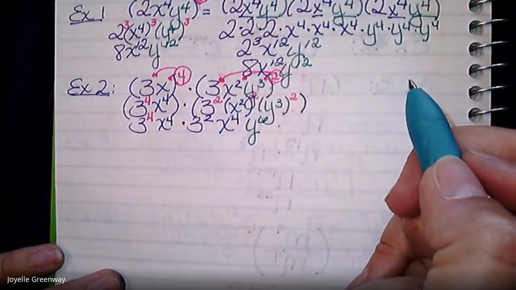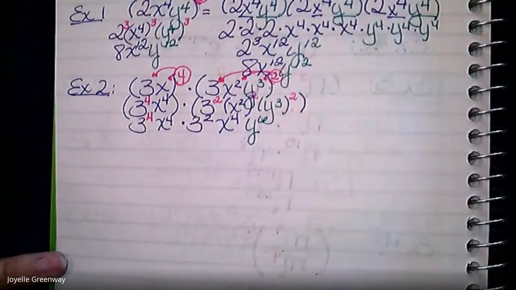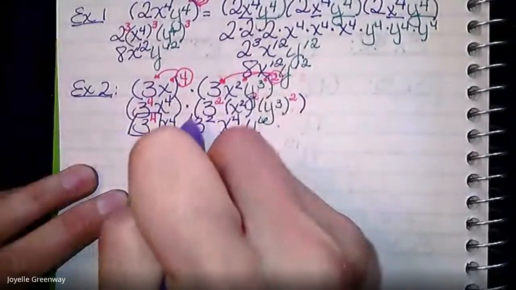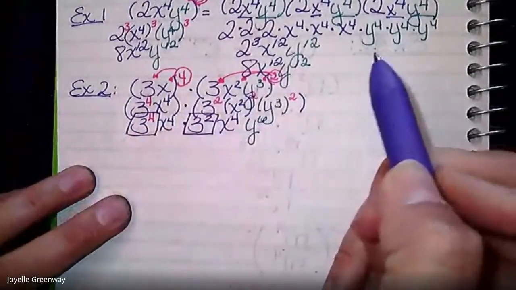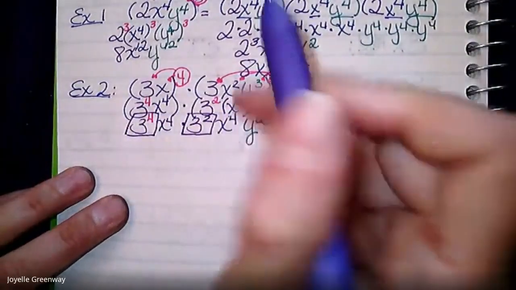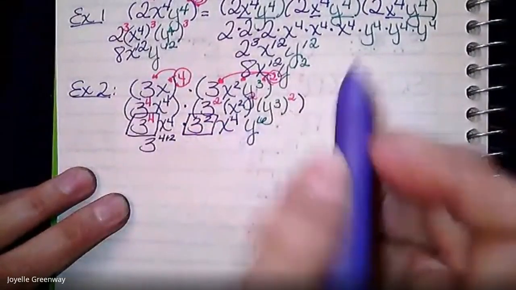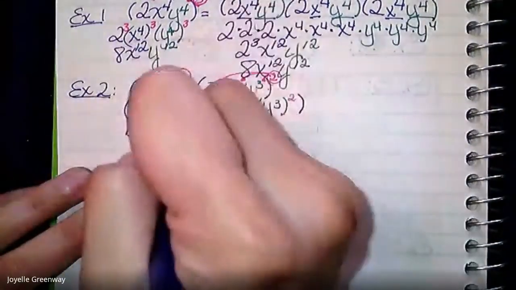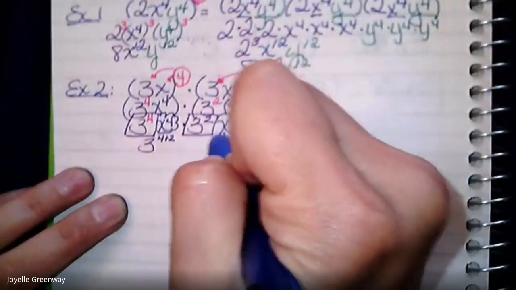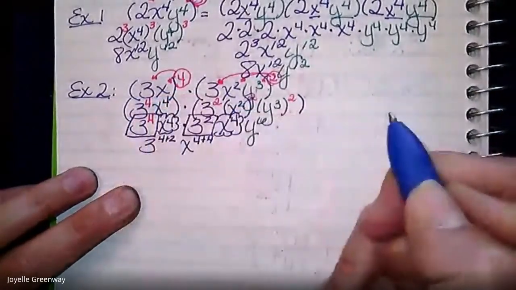All right. I can simplify more. Do you see this 3 to the 4th here? That's a base. And this 3 squared is a base. So 3 to the 4th times 3 squared is 3 to the 4 plus 2. And then we have x to the 4th times x to the 4th, so that's x to the 4 plus 4.